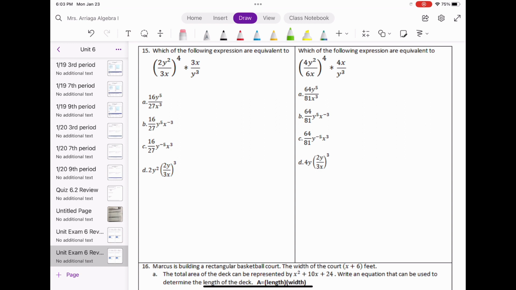So first we start by distributing that 4. So everything inside the parentheses gets the 4. The 2 gets the 4, the y squared gets the 4, the 3 gets the 4, and the x gets the 4. Guys, make sure that everything gets the 4.